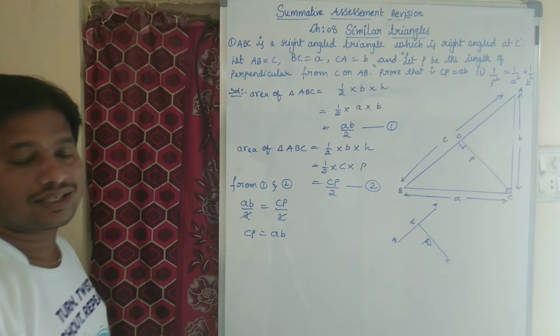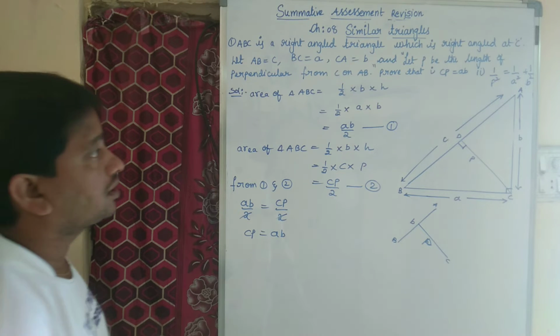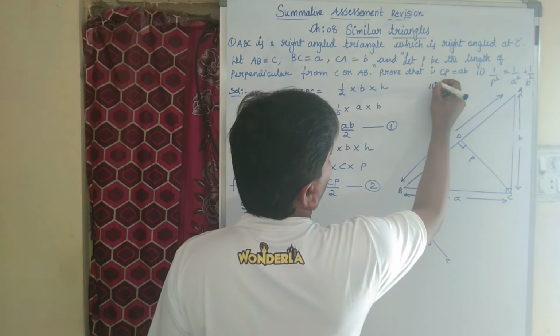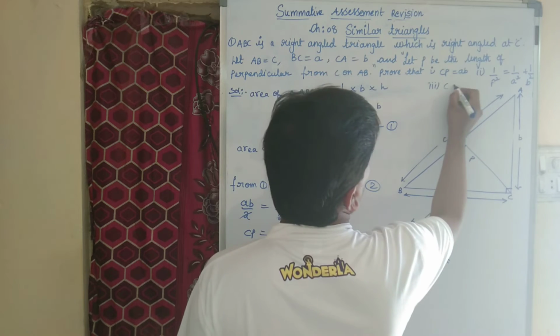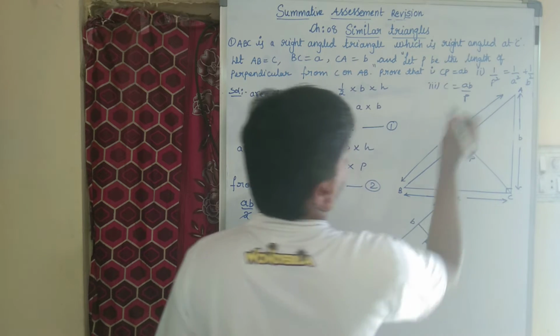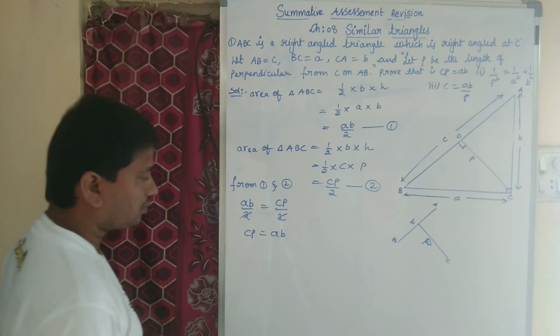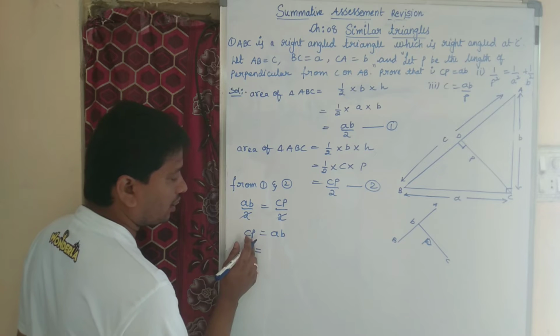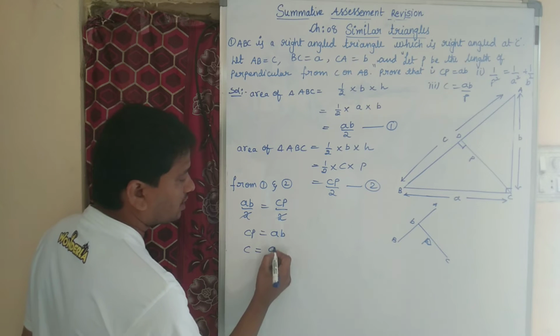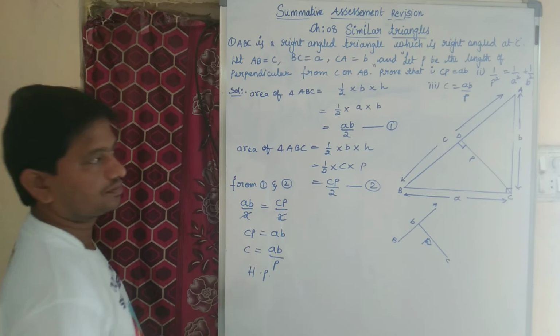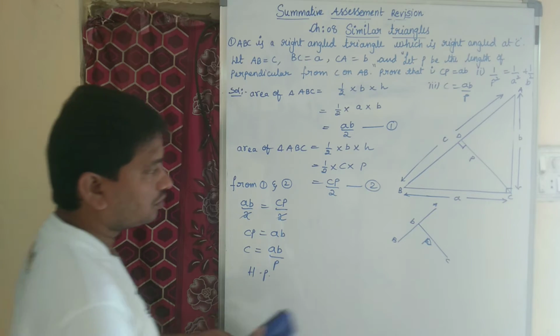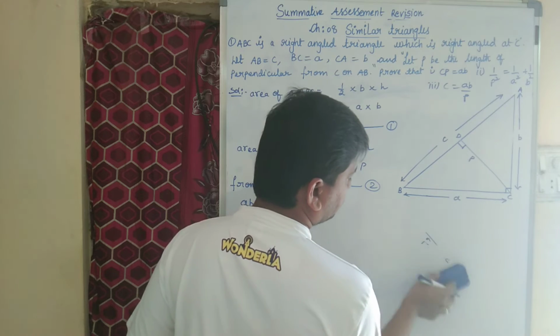Sometimes they may also ask C equal to AB by P. Let C be here only; if P is multiplying here, you transpose that side, it will become AB by P. Hence proved. Okay, now coming to question number 2.